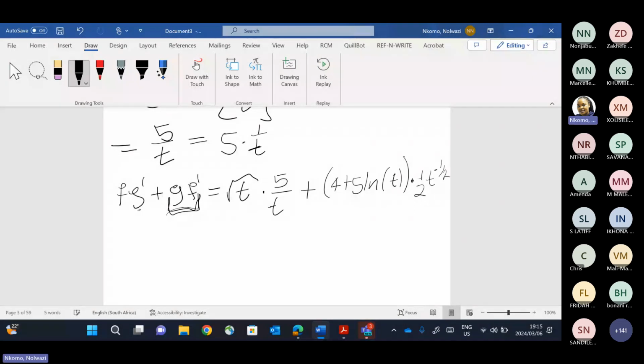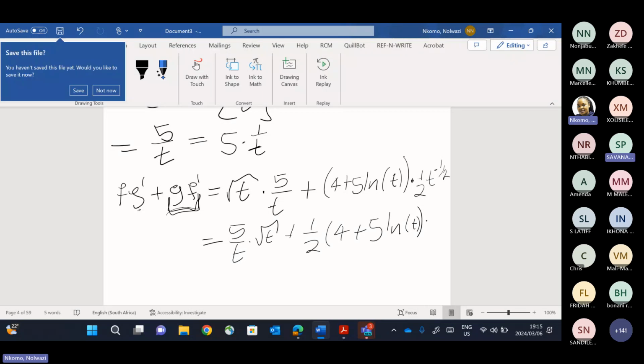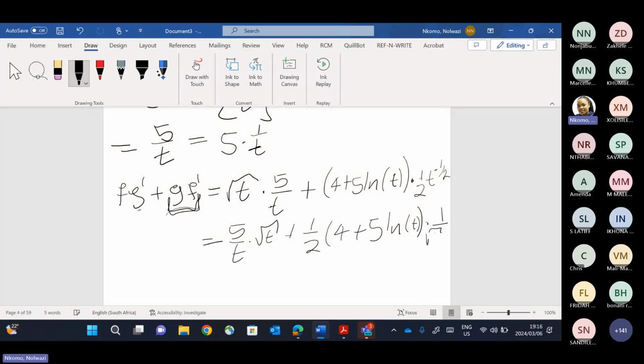Or we can leave our answer like this: root t times 5 over t plus 4 plus 5 ln t times 1 over 2 times 1 over root t.